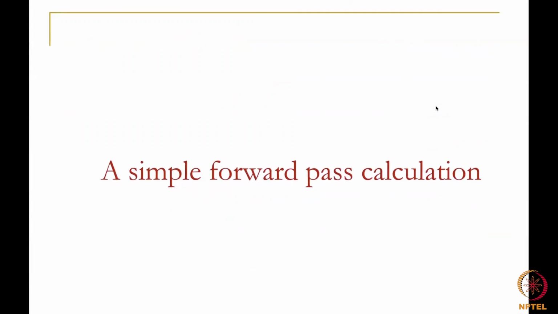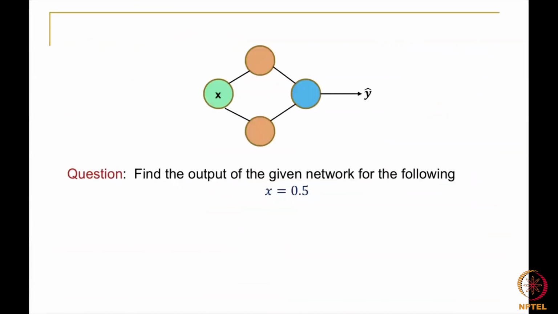So let's do a simple forward pass calculation here. Instead of doing just one single neuron, I'm going to do a network kind of situation. So the situation is like this. We have a simple network. Again, the bias units are not shown. And we are given that X equals 0.5, and we want to find out the output of the given neural network.